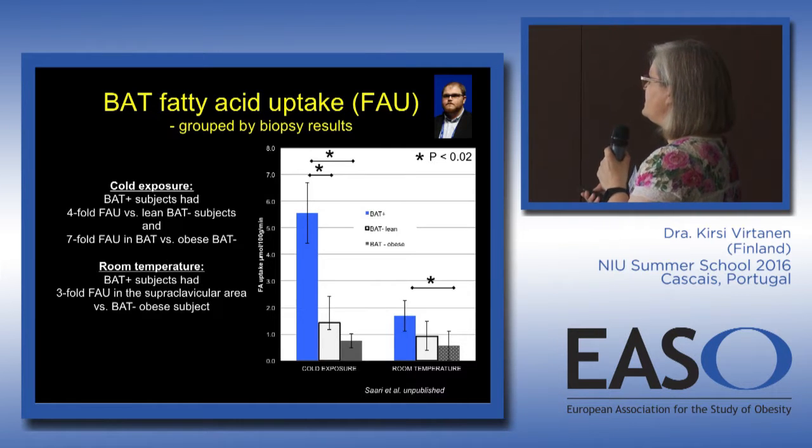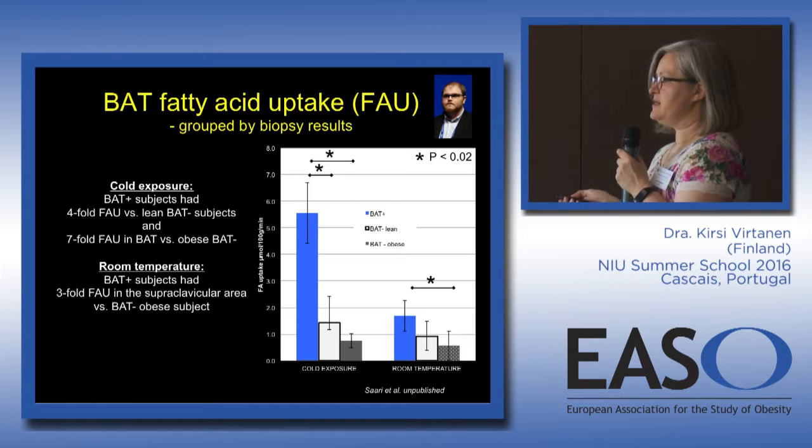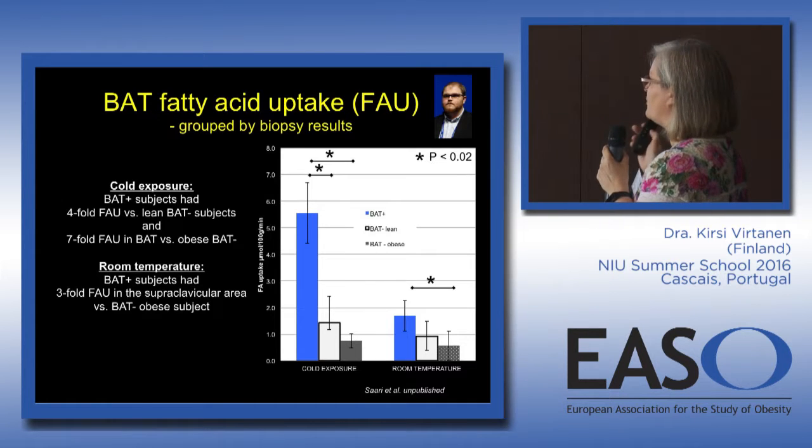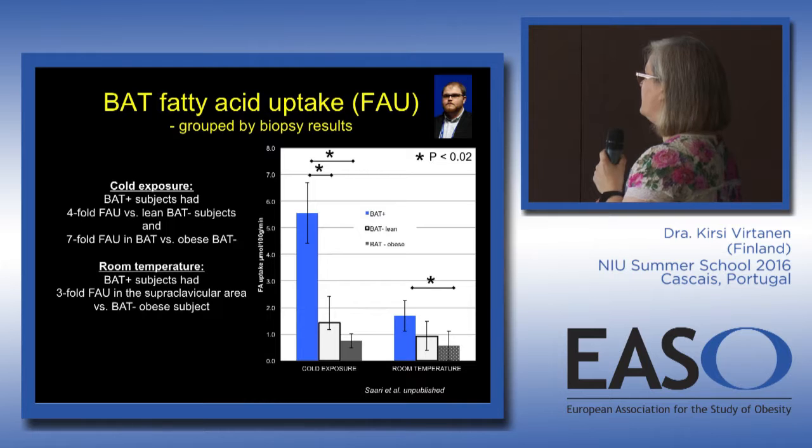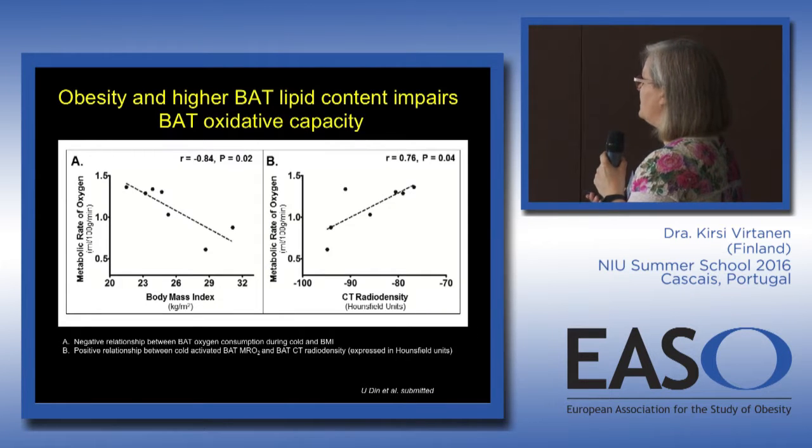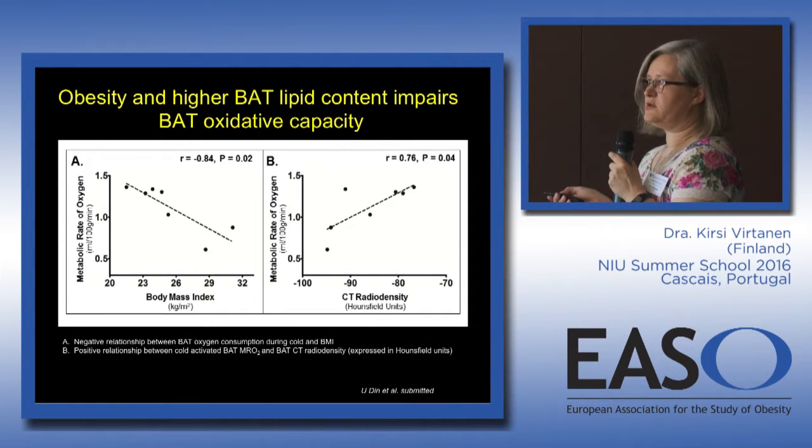The adipocytes in the brown fat or beige fat region have accumulated more fat. The higher lipid content impairs the oxidative capacity. So the metabolic rate of oxygen is closely related to the triglyceride content in the tissue.